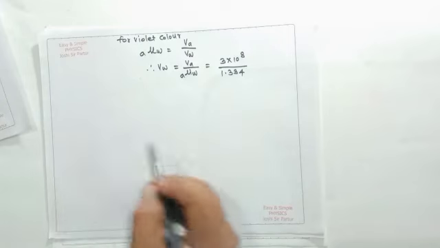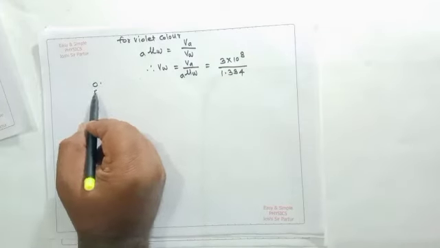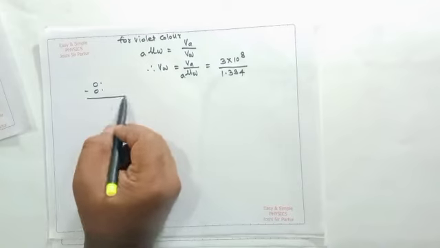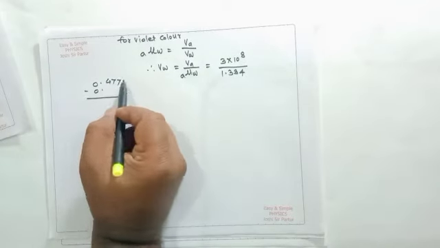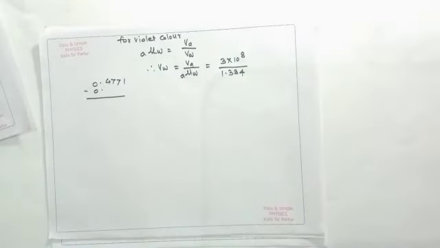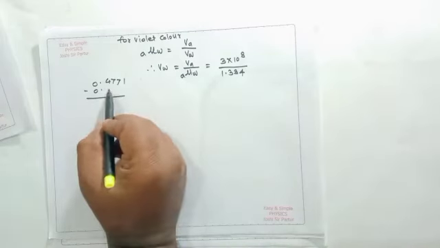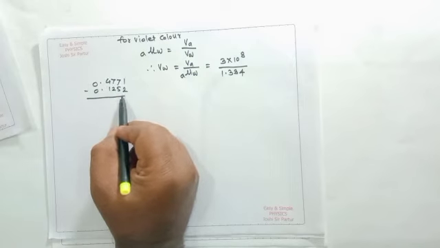Again by using the logarithm, for 30 it will be 4771, and for 1.334 the mean difference is 0.1252.